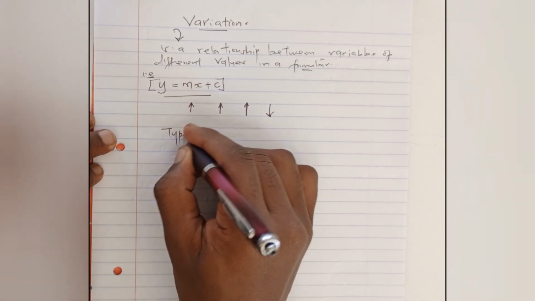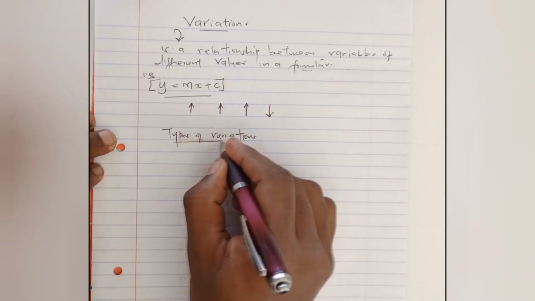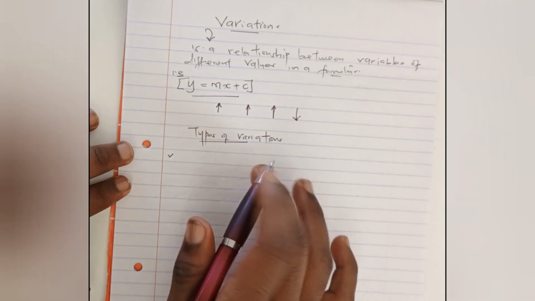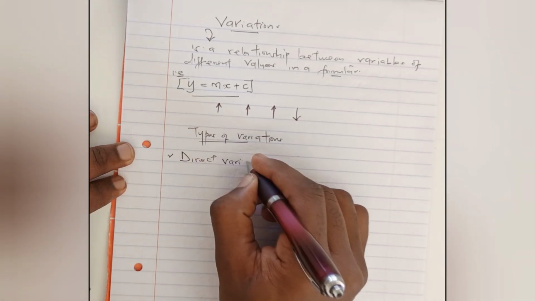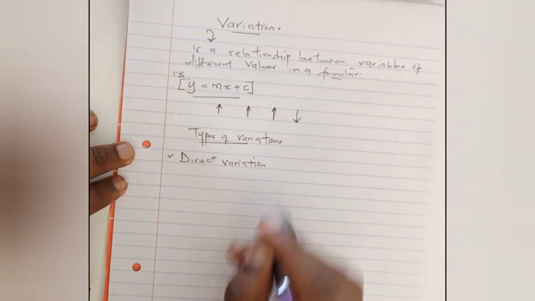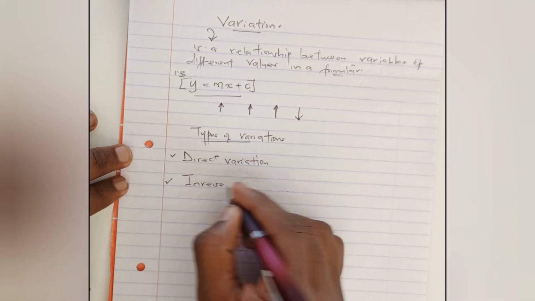So let me list the types of variations. One, we have what you call direct variation, as the word suggests. We also have the inverse variation.